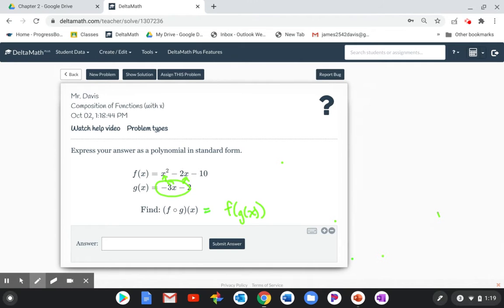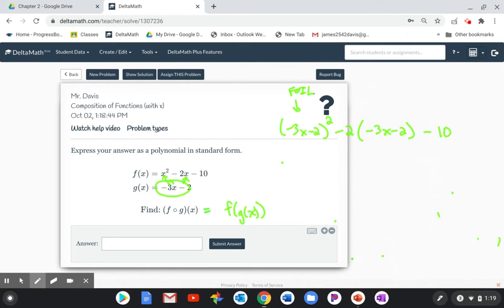So what this is going to look like is parentheses to start, negative 3x minus 2, squared, minus 2 times negative 3x minus 2, minus 10. So from here we have to do a good bit of simplifying. This, again, we have to FOIL because it's the whole thing squared.